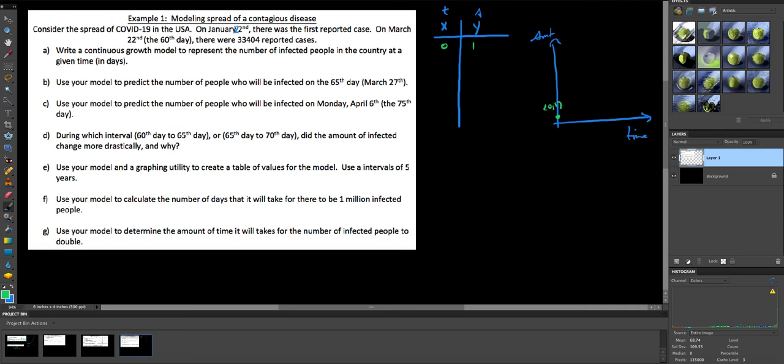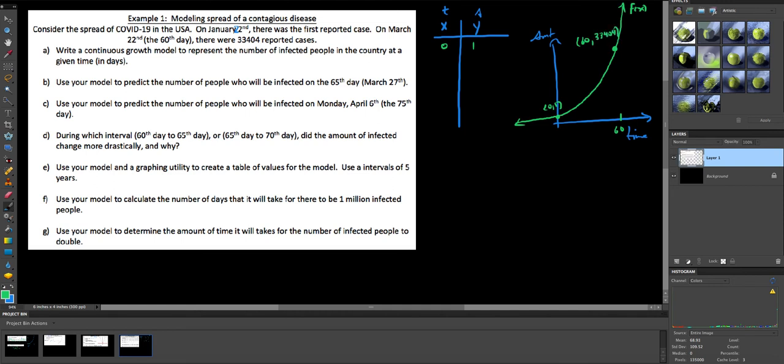So we would say 60 days. You could call this arbitrarily 60 right here, but the idea would be we'd throw a point way up here, of course not really drawn to scale, but we would say that I have an exponential curve that's passing through this like that, okay? And what I want to do is come up with an equation or a model for it so I can start to make some predictions, where I know that I start with one case and after 60 days I have 33,404.